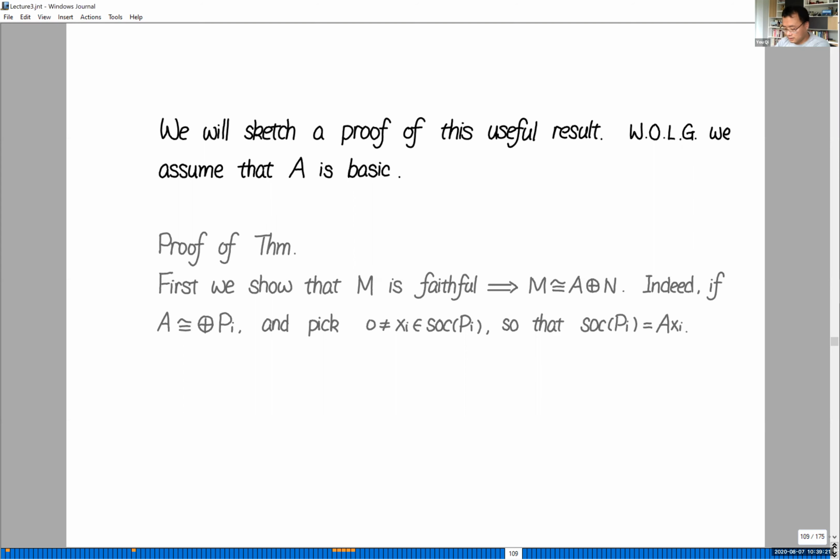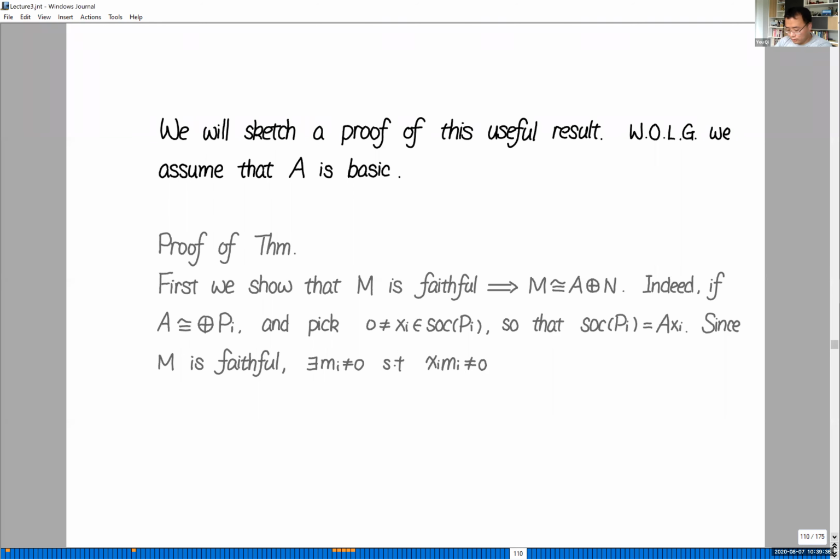So that's in P_i. Pick any non-zero element, and since P_i is indecomposable, this socle is a simple module, so the socle is generated by A times x_i.